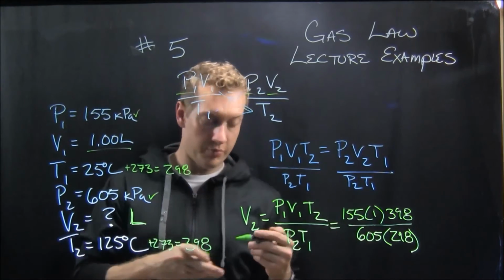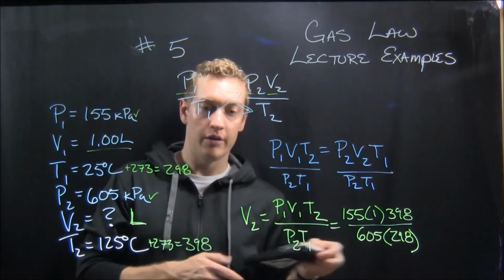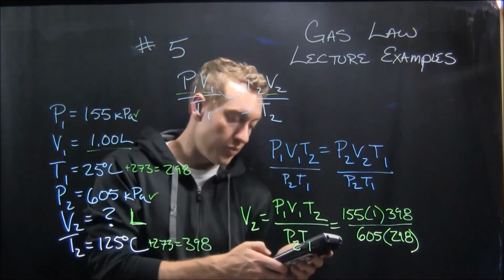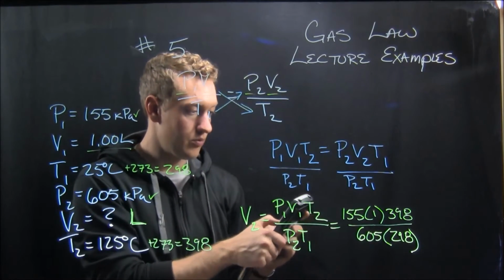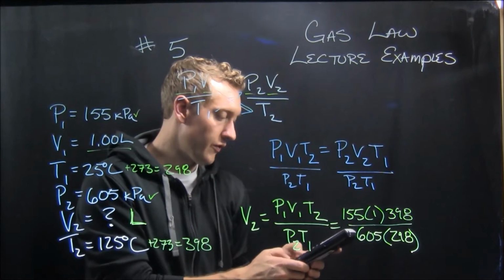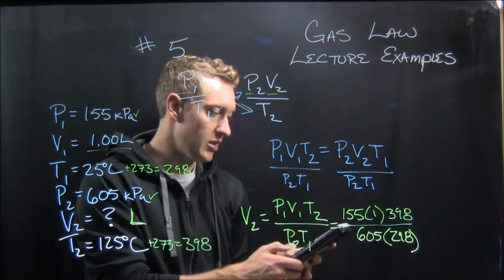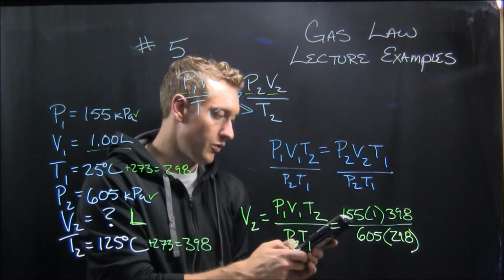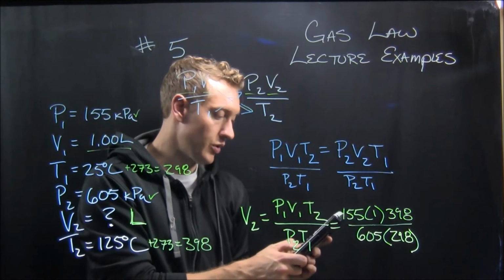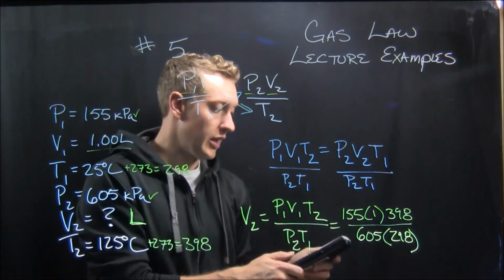And so plug that into a calculator. V2 should come out to be, all right, 155 times 398 divided by 605 times 298.